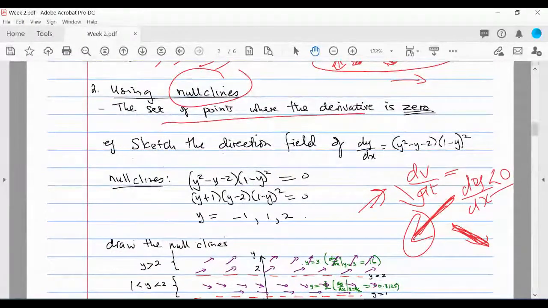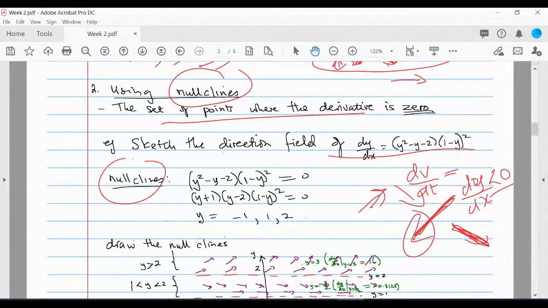Now we're defining nullclines here. All points where the derivative is equal to 0. This is where you get your fixed points, your equilibrium points, your stationary points, and stuff like that. Those are called nullclines if you're dealing with differential equations. So how do you draw the direction fields of this differential equation?